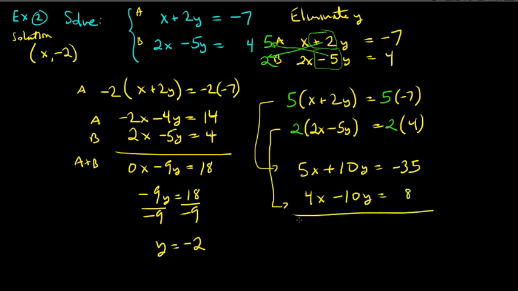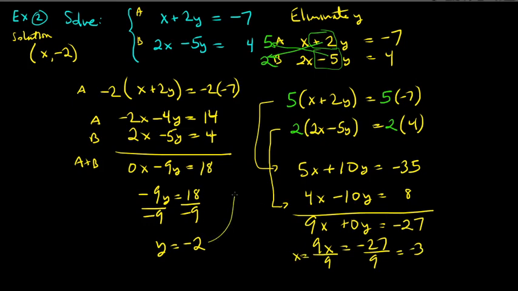So now when you add them, you get 9 times x plus 0 times y equals negative 27. If I did the math right here, yep. So we have 9x equals negative 27. Just divide by 9. And I think you get negative 3, right?